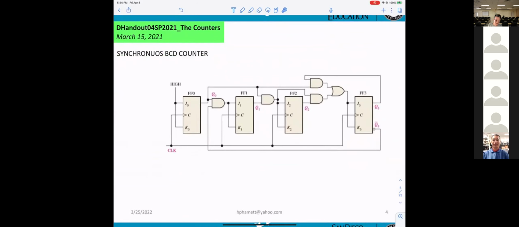Okay, the next, either a ripple counter or a synchronous counter can be a binary counter or BCD.